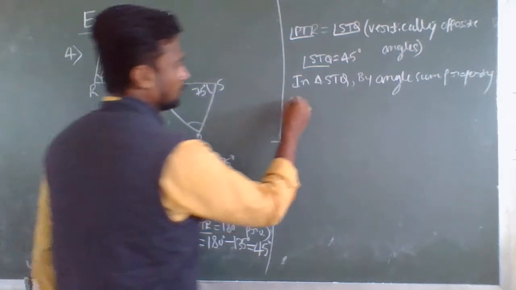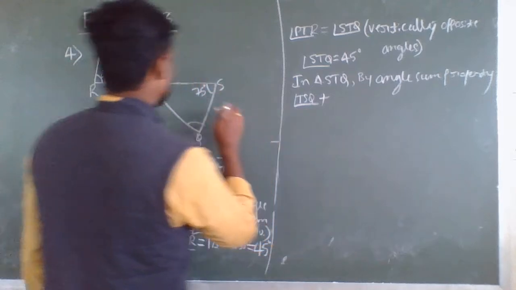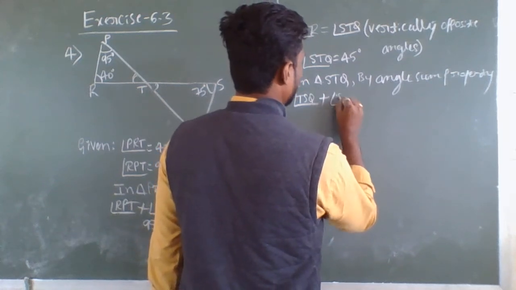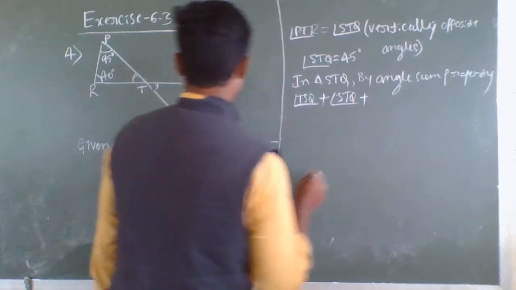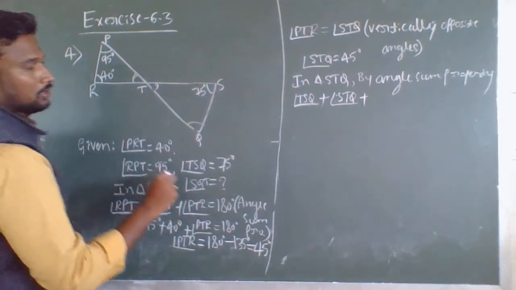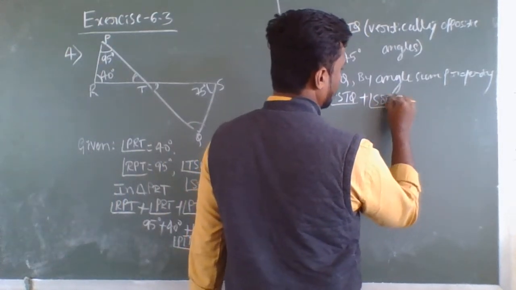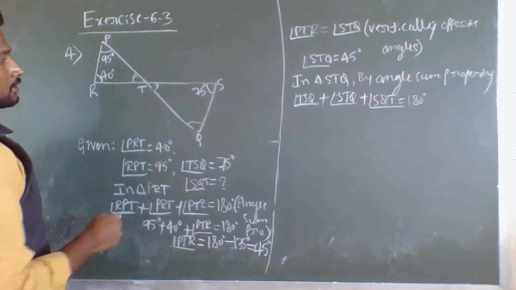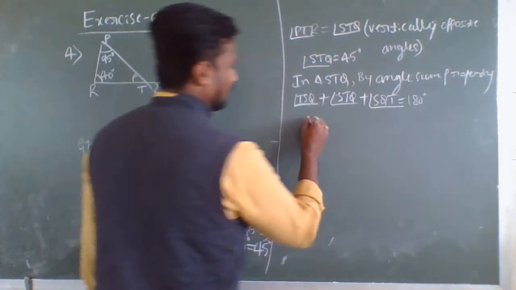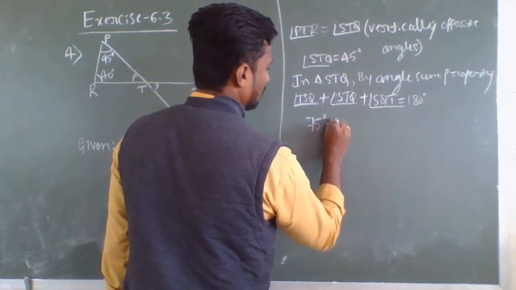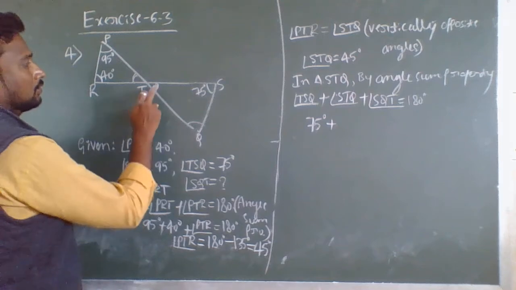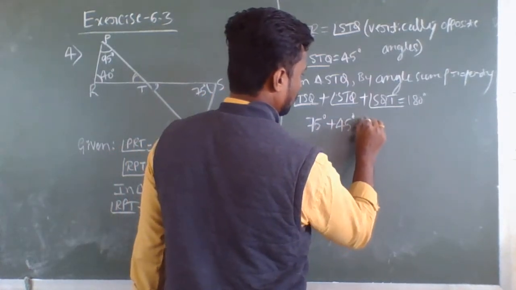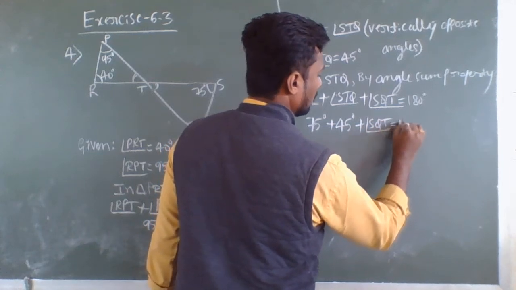Therefore angle TSQ plus angle STQ, meaning this angle, plus this angle SQT is equal to 180 degree. Angle TSQ is 75 degree, so I write 75 degree plus angle STQ, which we just calculated as 45 degree, plus angle SQT, which we have to calculate, is equal to 180 degree.